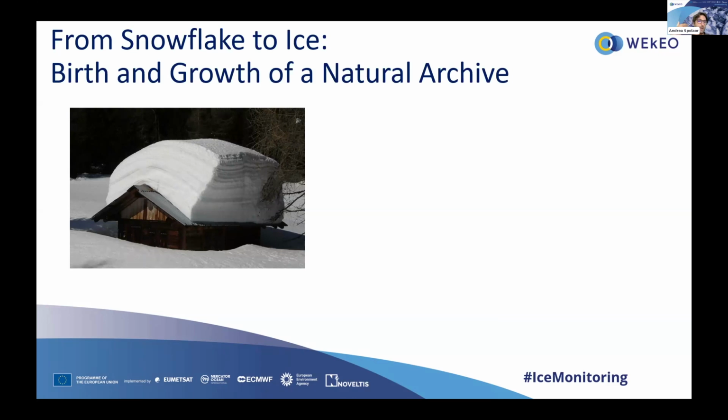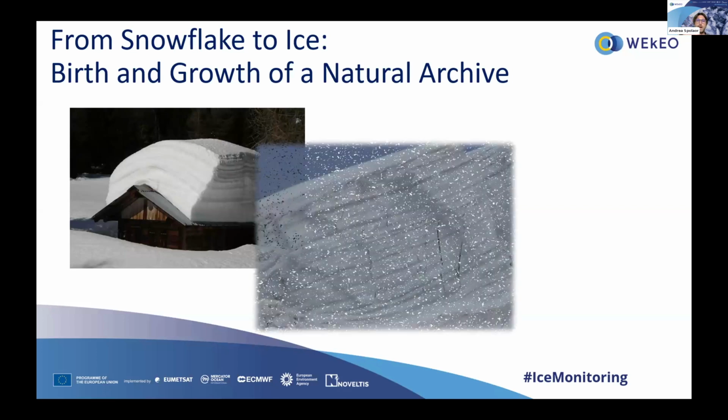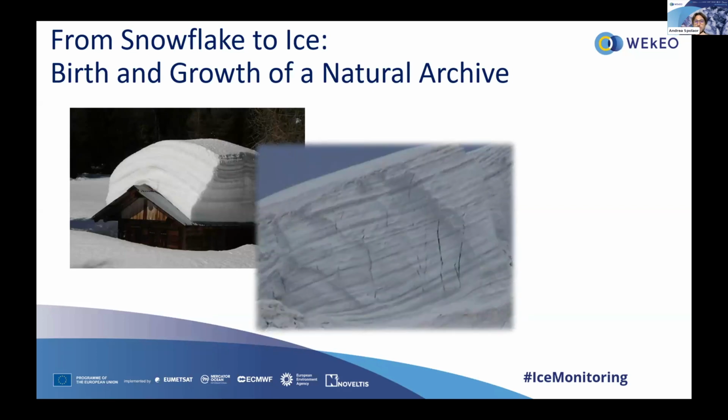If part of the snow or the full snow pack survives the summer melting, during the next year another snow pack forms another layer. At the end, we have a layering of snow, one over the other, where inside there is good information about the atmospheric composition where this snow layer was formed.